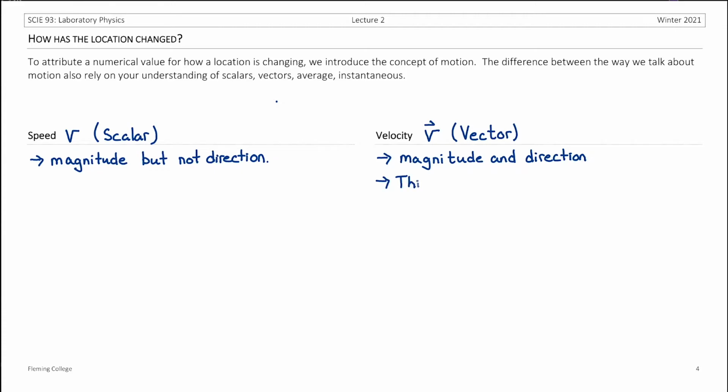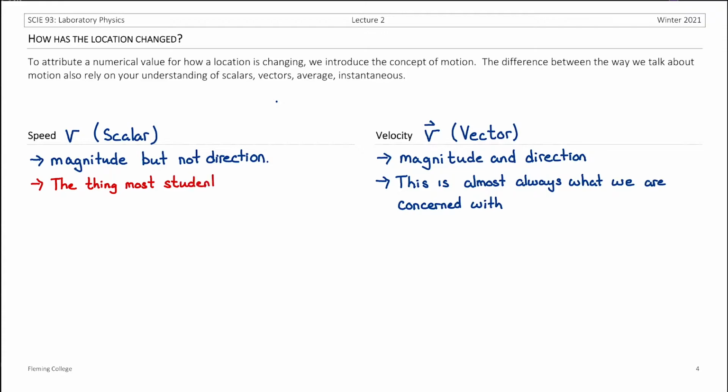When we solve problems in this course, this is almost always the version of motion that we will be concerned with. One of the common misconceptions we experience is that students often accidentally refer to speed when what they really mean is velocity.